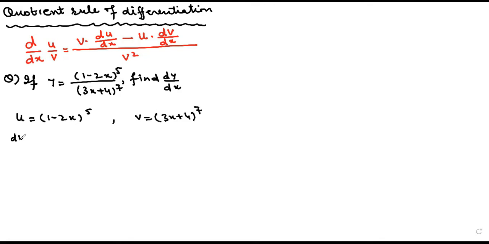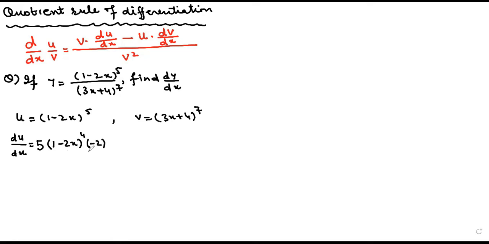Before applying the quotient rule, we will differentiate the two functions, which will make this question a bit simple. For (1 minus 2x) power 5, we will write down the power as a coefficient, subtract 1 from the power and multiply with the derivative of the base.